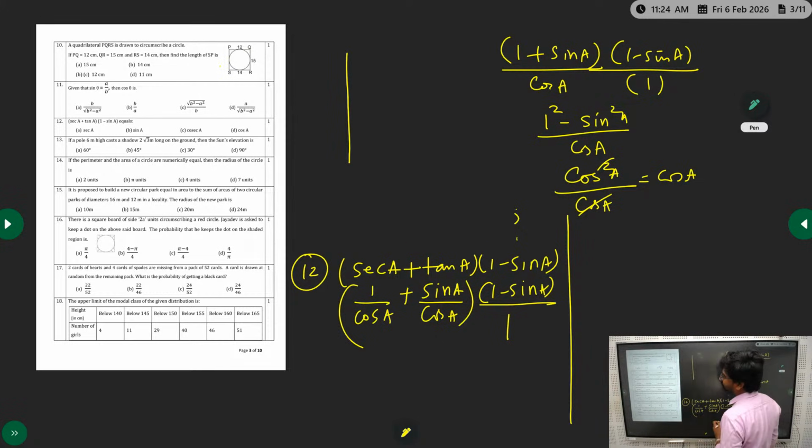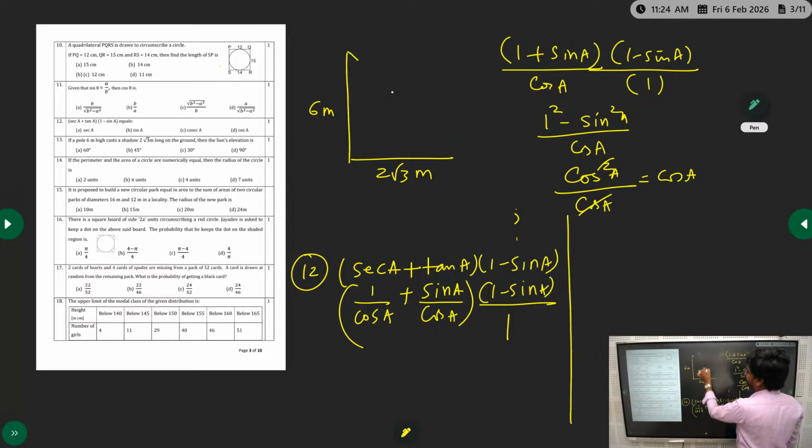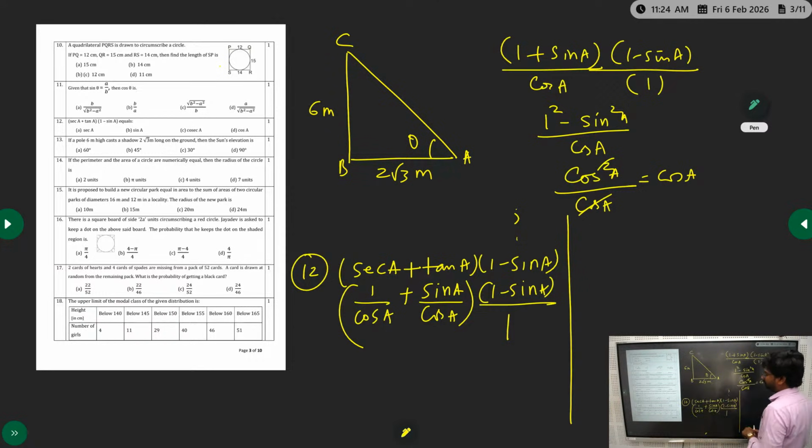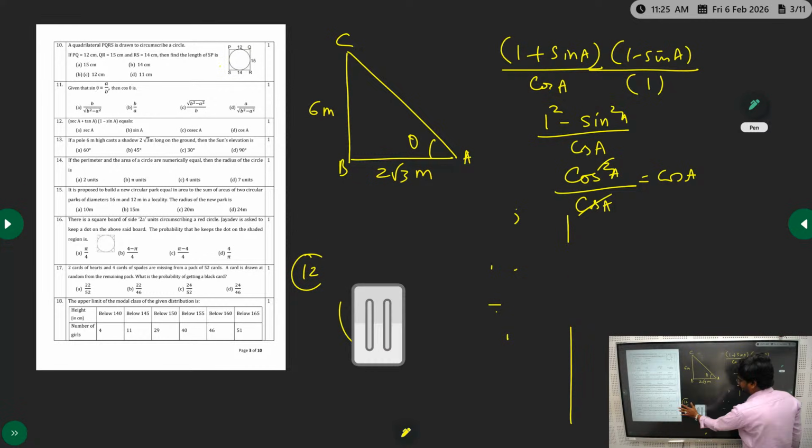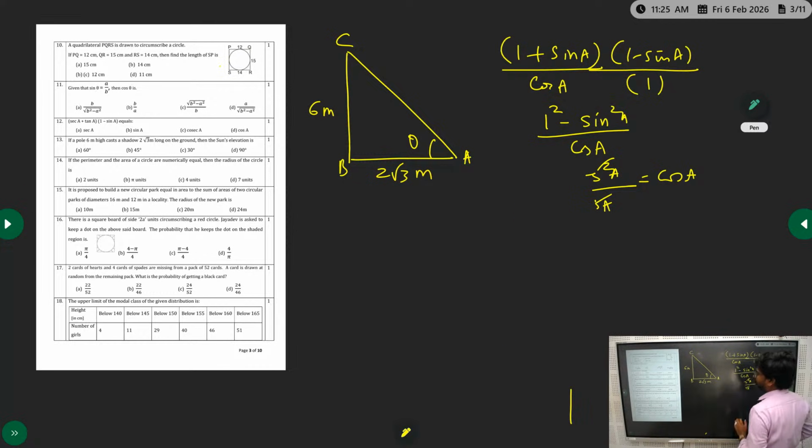Pole 6 meter, shadow 2√3. Theta I should find. A, B, C. Tan theta is equal to 6 by 2√3. These are 3 by √3.